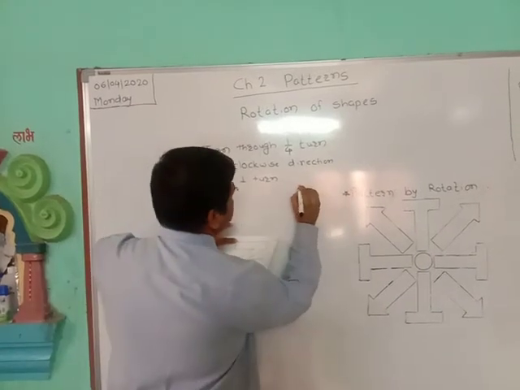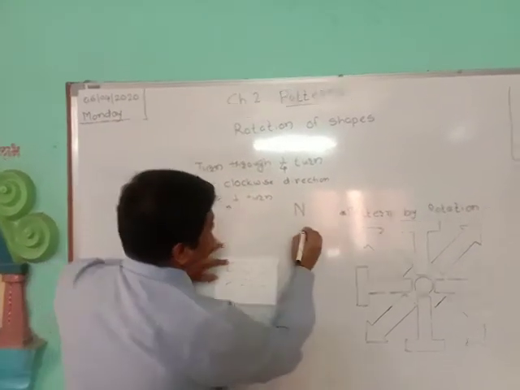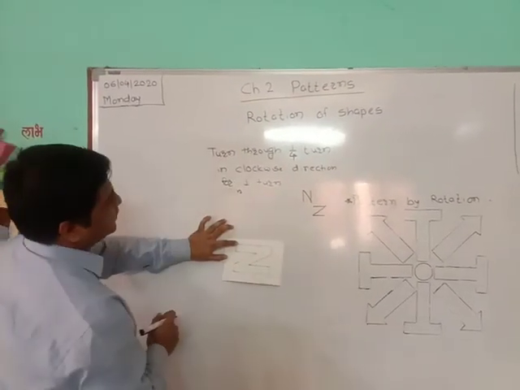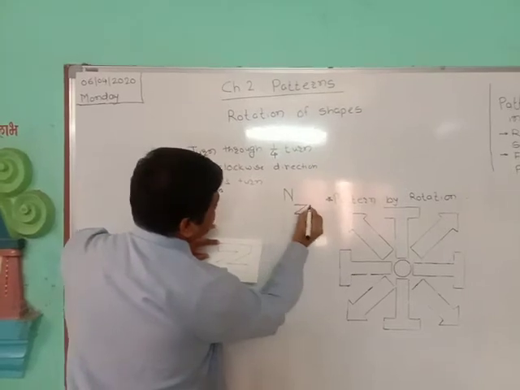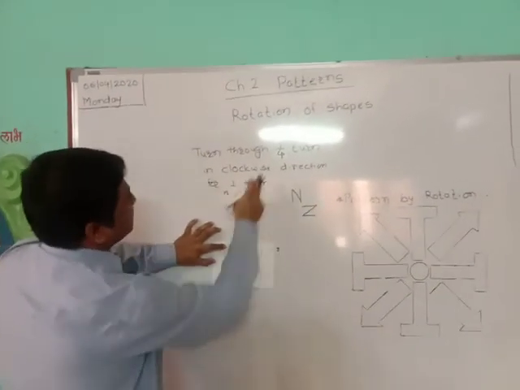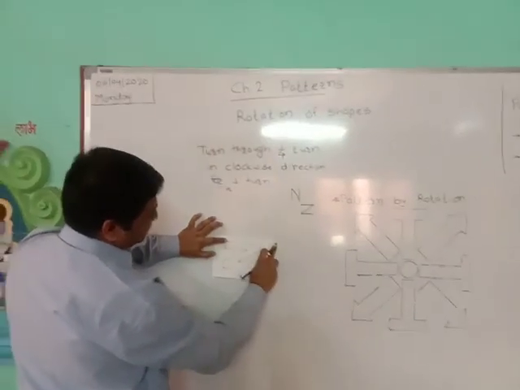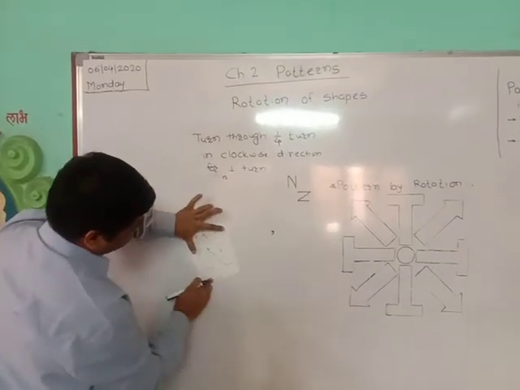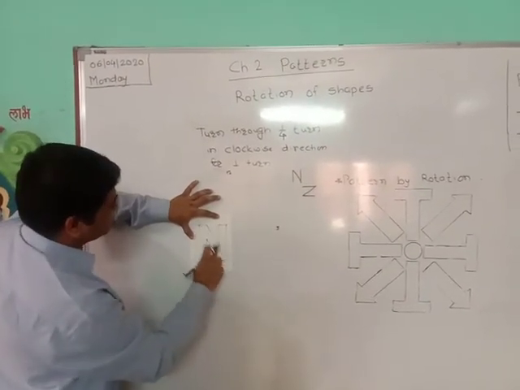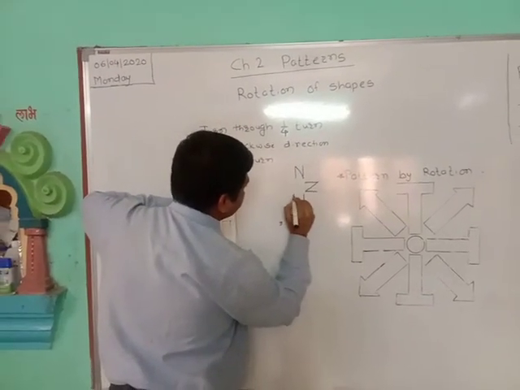Initially N was at this position. After turning, the new position of N will be this, where this line is facing 3. Now again 1/4 of a rotation in clockwise direction, we'll take it from 3 to 6, and an interesting thing, you will see that N is looking as original as it is.